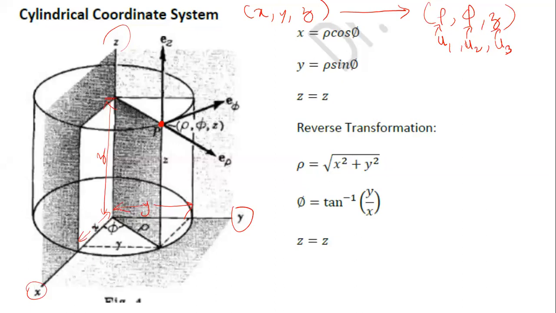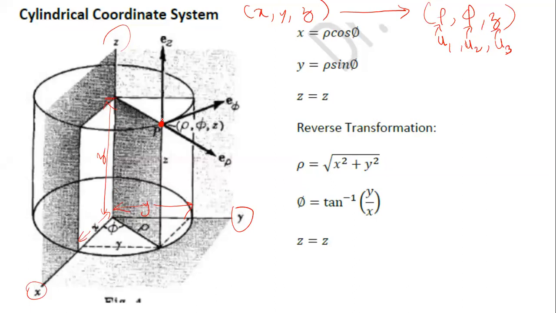On the y-axis, this will give you your y value. On the z-axis, this will give you your z value. So once the x, y, z values are known, this point is specified, and you are able to locate this point P in the 3D space.